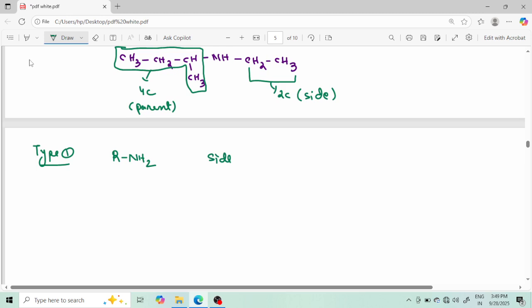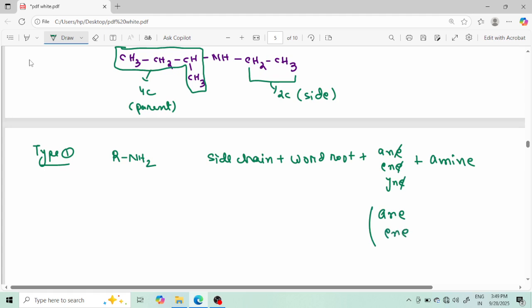You have to write side chain name, then word root plus ANE ENE YNE, and lastly you have this amine. And you know that whenever AEIOU is used, this E will be cancelled. Yes or no? Because that was the rule, right? ANE ENE and YNE, the rule is A E I O U and Y. If these letters are there, then this E will be cancelled, right?